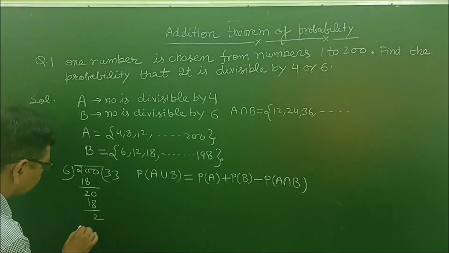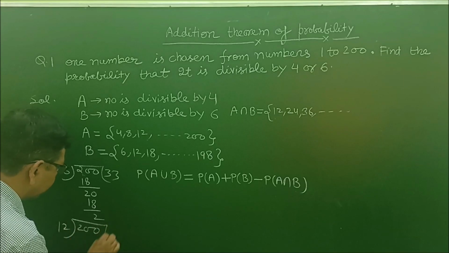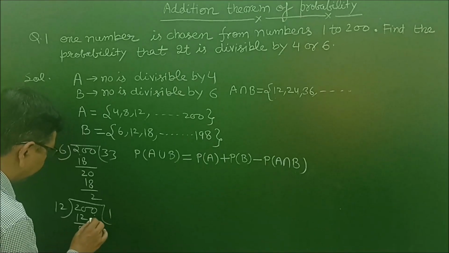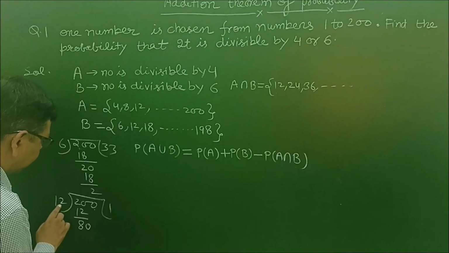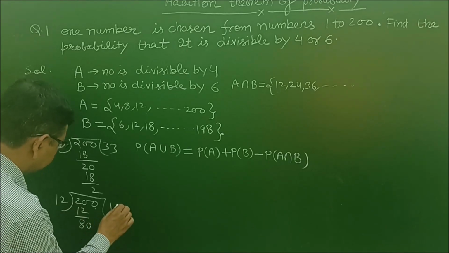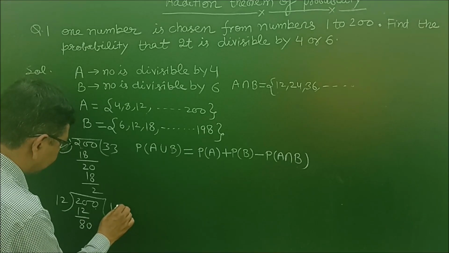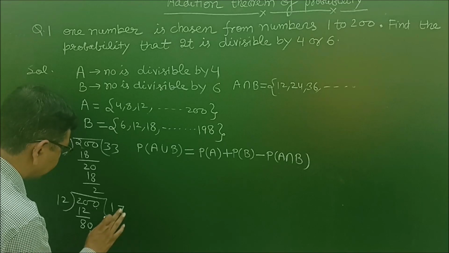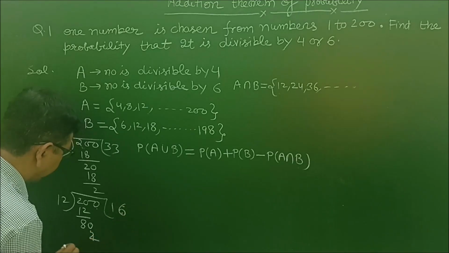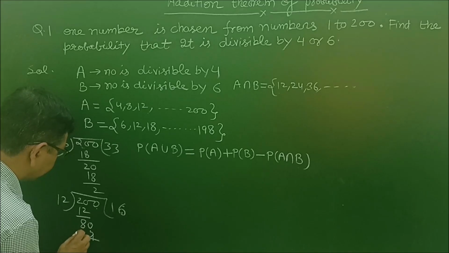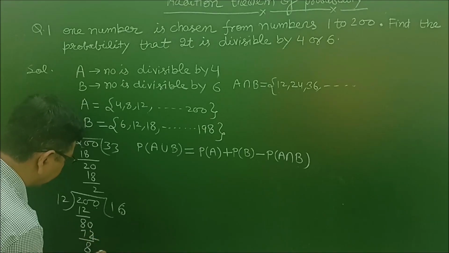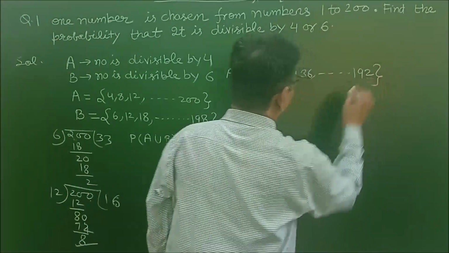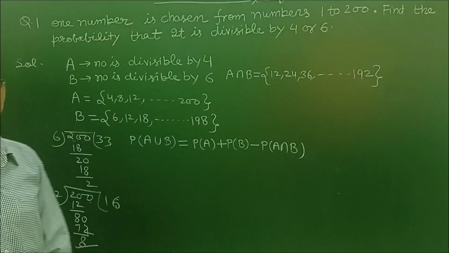How will you come to know the last number? Divide 200 by 12: 12 times 16 is 192, and the remainder is 8. So the last number is 192.